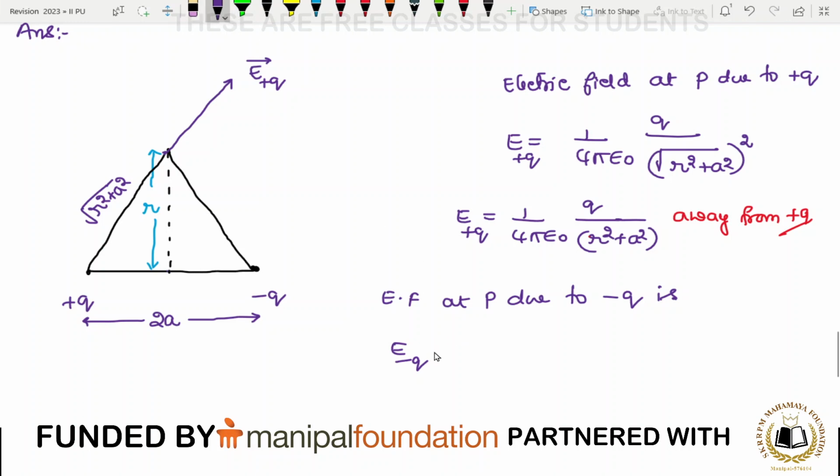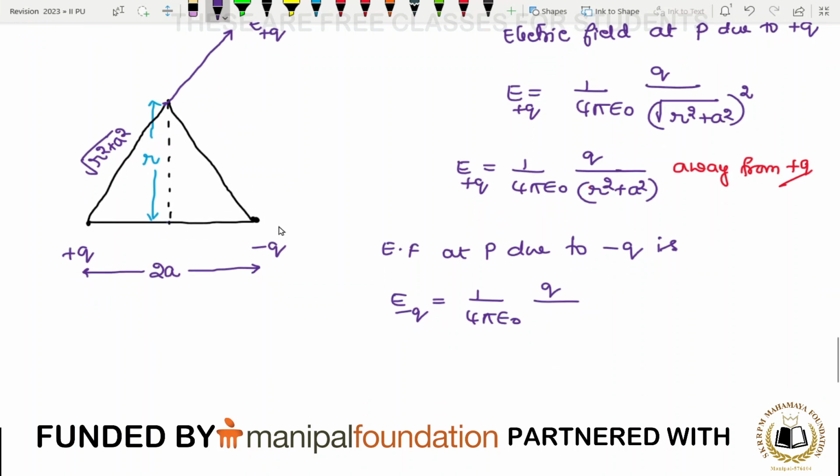E minus Q is equal to 1 by 4 pi epsilon naught Q divided by the distance from point P to minus Q. Same distance, root of r square plus a square, whole square. So it becomes r square plus a square. Root will get cancelled. Now what direction here? Negative charge, what is the direction of electric field? Electric field due to negative charge is towards the charge, towards minus Q. So it becomes like this. Same length will be drawn. It's a straight line.